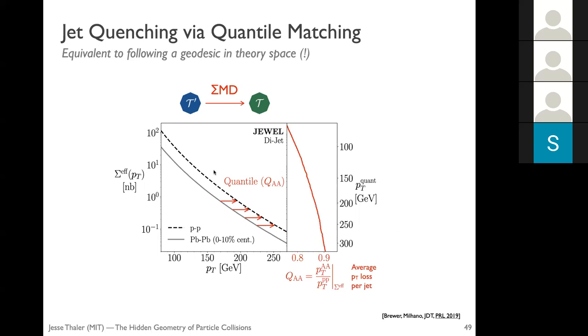So I have a question here. Supposing two people come to you with different models of the heavy ion physics, and they give you different mappings between the PP jets and heavy ion jets.